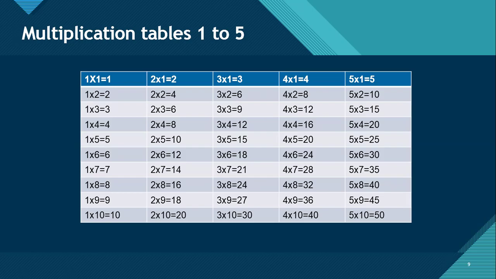So I hope you are able to understand the multiplication table. It is nothing, multiplication is repeated addition. So if we repeat the addition of 1, 2, 3, 4, 5, then we will get the tables of 1 to 5. That is here.